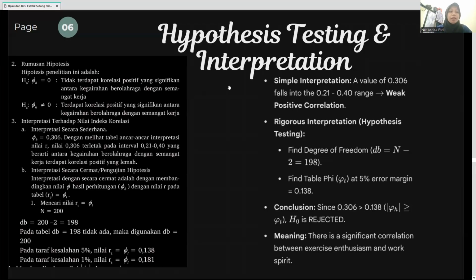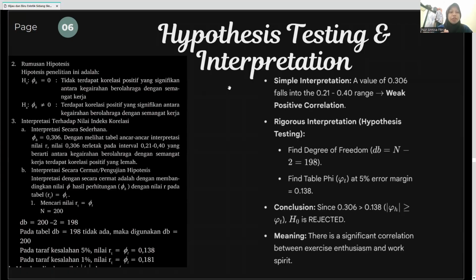If we look at the standard correlation benchmark, the value 0.306 falls into the 0.21 to 0.40 bracket. This simply means that there is a weak but positive correlation between the two variables.